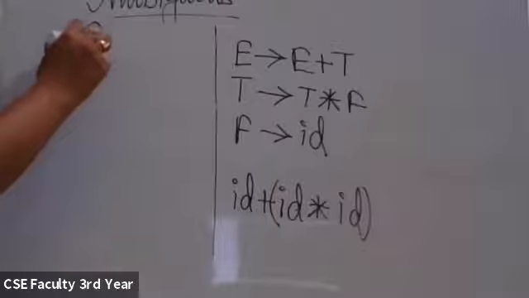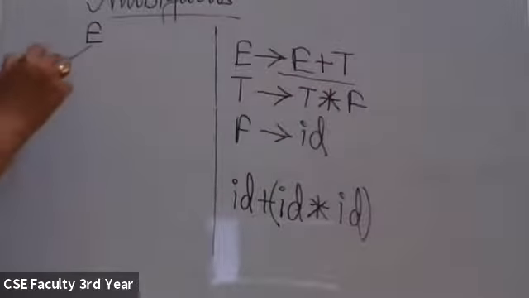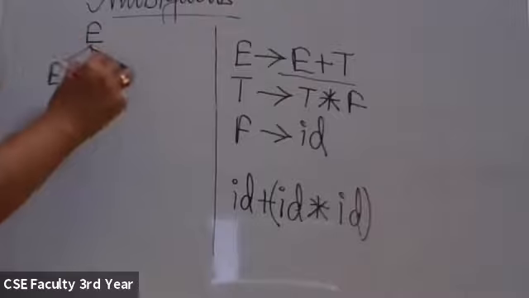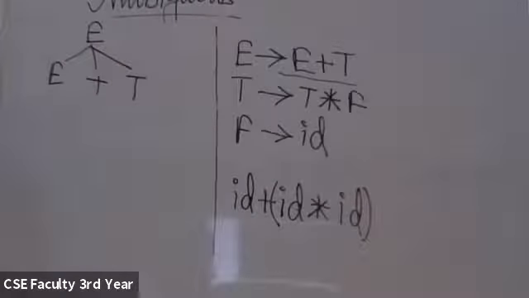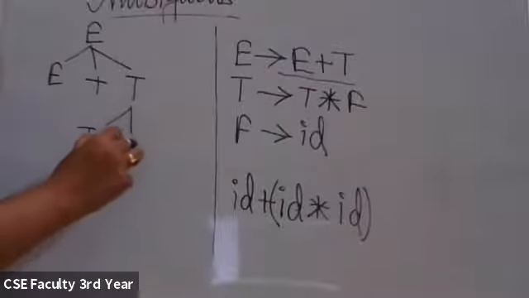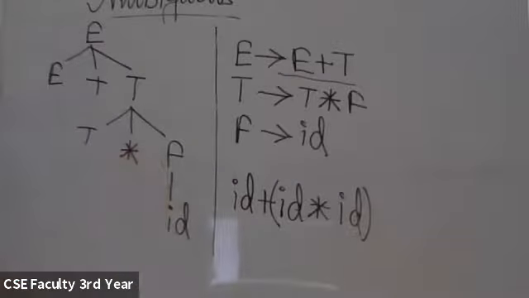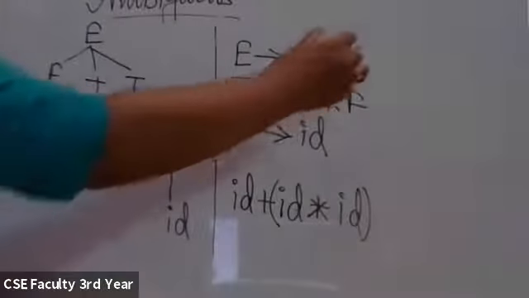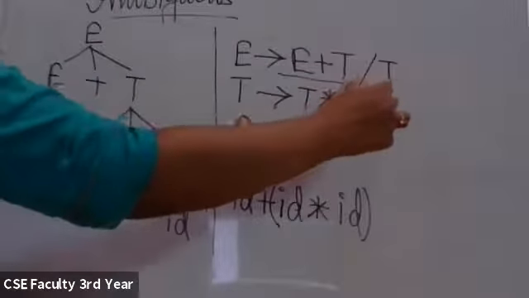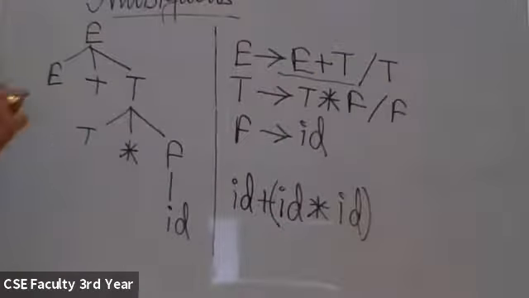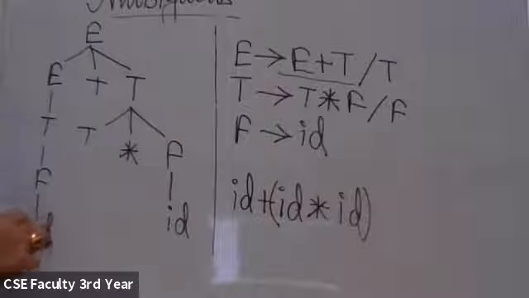We start from E, and there is only one option, E plus T. Now for T, there is only one option, T into F, and F derives ID. But from E and T also, we have to get ID. That is why we will write or T or F, so that from here we can get T, from T to F, F to ID.